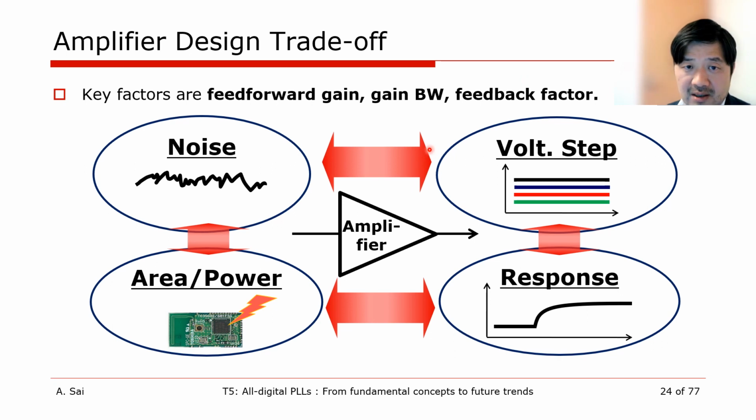The main characteristics of the feedback amplifier are noise, power, and area, and the voltage step and responsivity. These clearly have design trade-off, and the design key factors are feed-forward gain, gain bandwidth, and feedback factor.